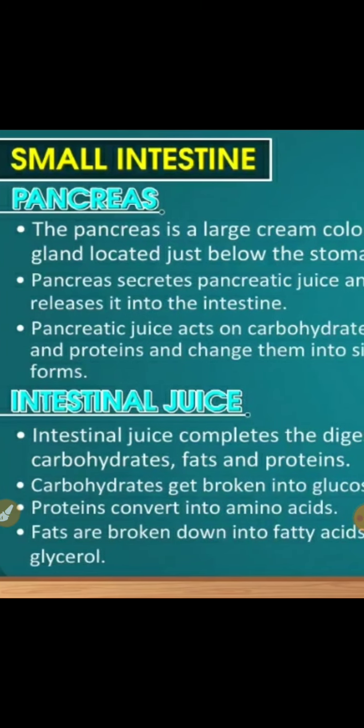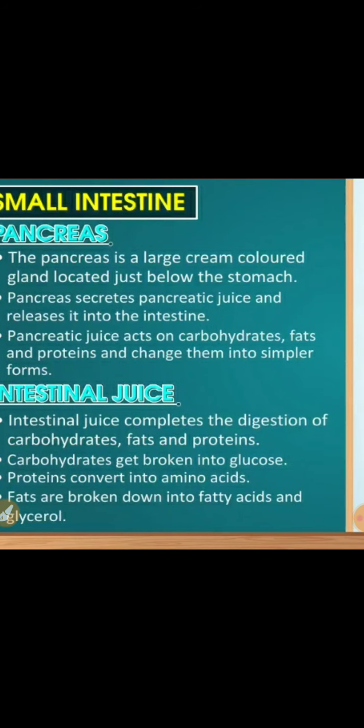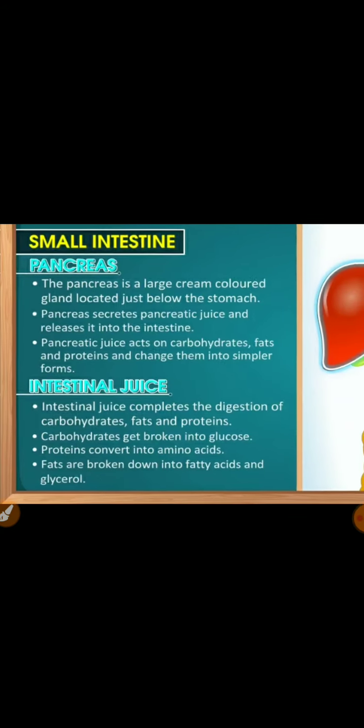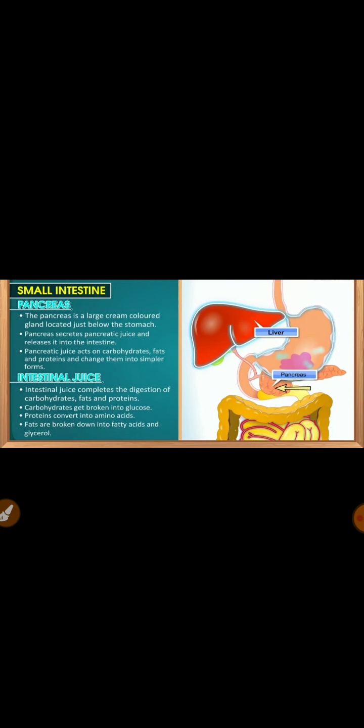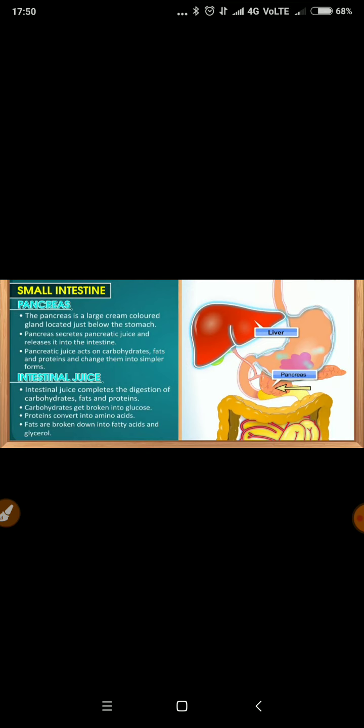Okay, releases its pancreatic juice not into the stomach. It secretes it into the intestine. So pancreatic juice acts on carbohydrate, fat and protein and changes them into simpler forms. Okay, I repeat myself. Pancreatic juice acts on carbohydrate, fat and protein and changes them into simpler forms.